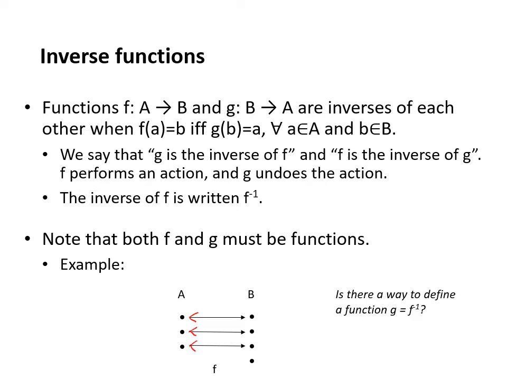However, notice that we have a problem here, because now that B becomes the domain, we have one element of the domain that is not being mapped to anything, and therefore that would not be a function anymore. So this example illustrates that not every function has an inverse, and we'll talk about this more later in these lectures.